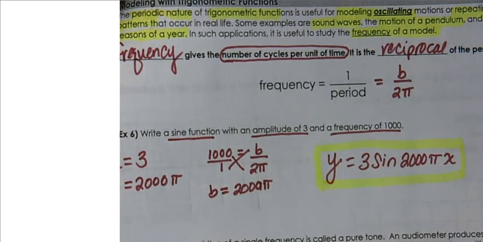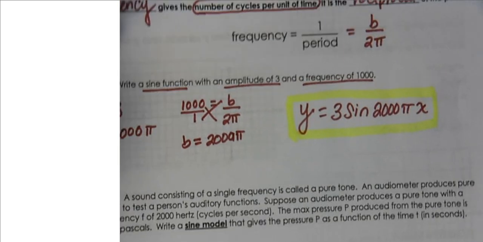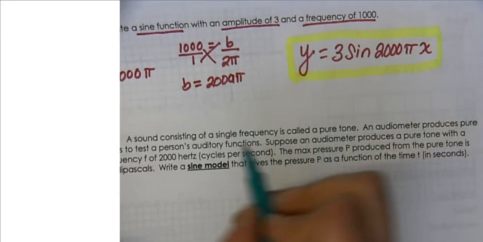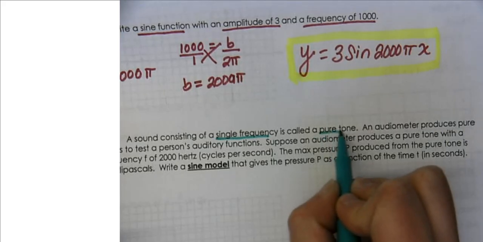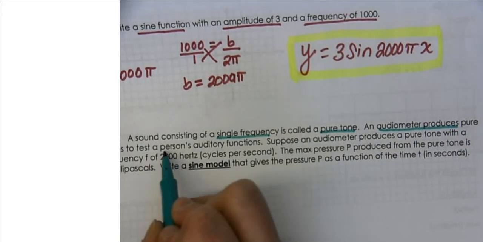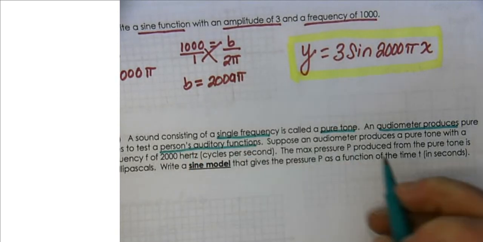So now let's go ahead and look at example number 7. It says a sound consisting of a single frequency is called a pure tone. So if it has a single frequency, it's called a pure tone. An audiometer produces pure tones to test a person's auditory functions.